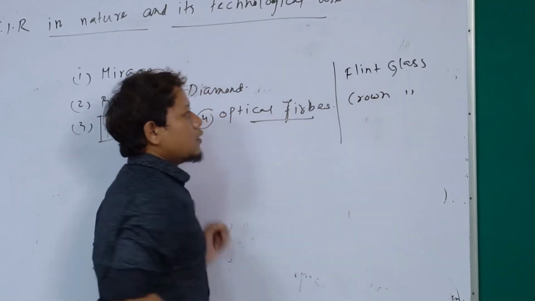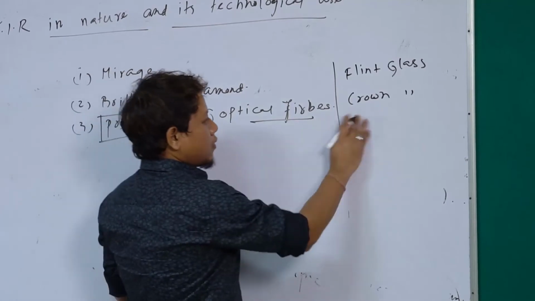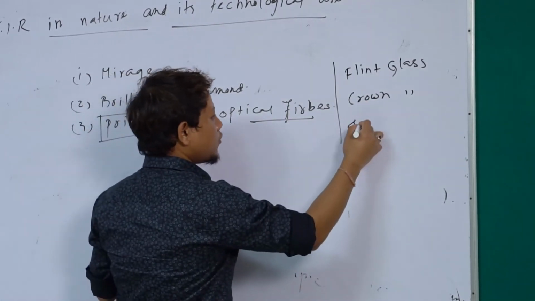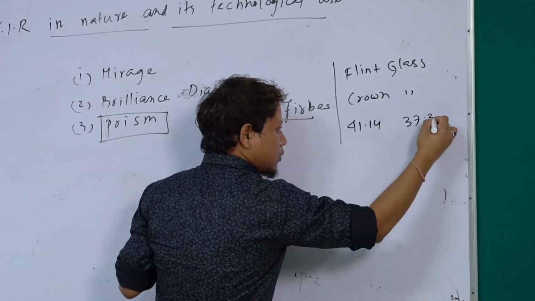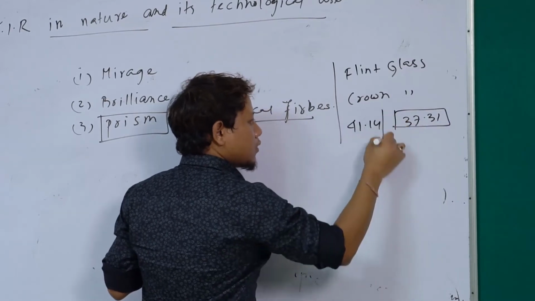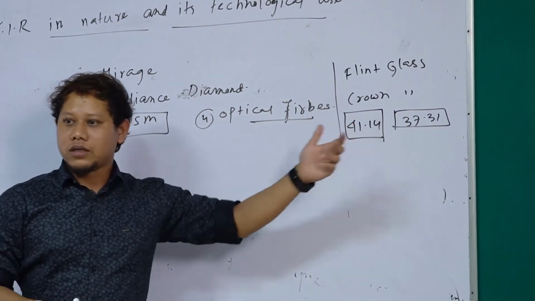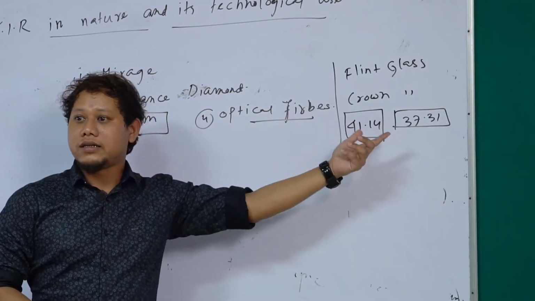These are the glass materials from which we make prisms. We have to know the critical angle of the prism. It ranges from 41.14 degrees, or sometimes we use 37.31. Because when we discuss total internal reflection, critical angle is very important, because light must be incident at an angle greater than the critical angle.